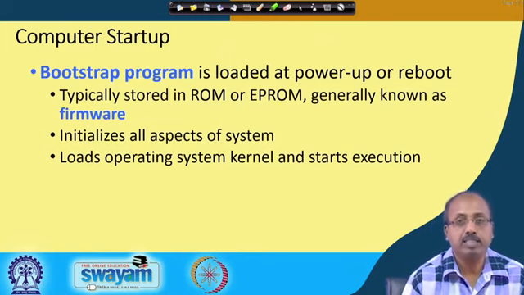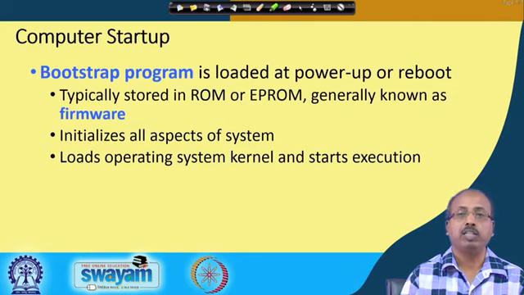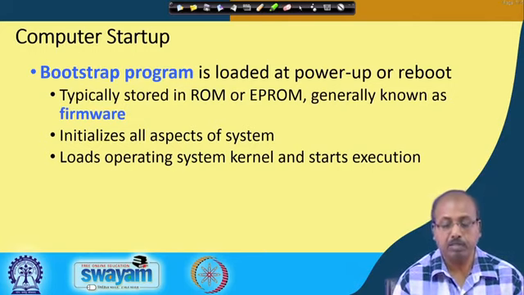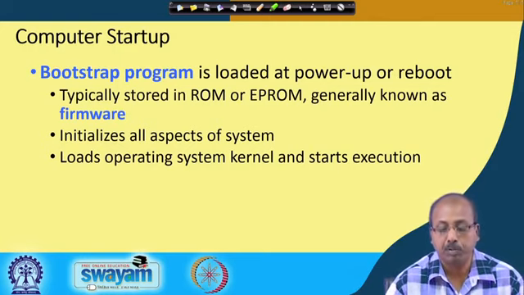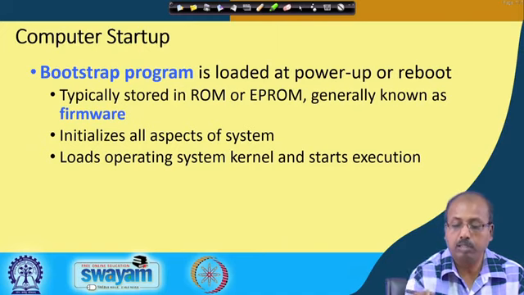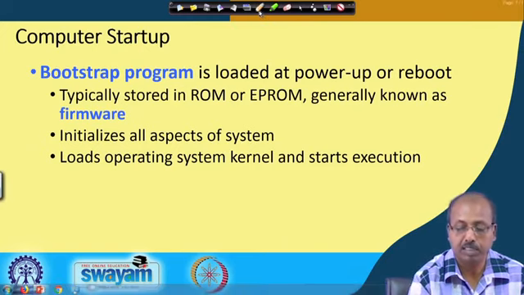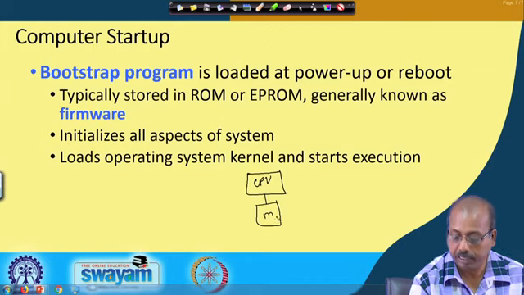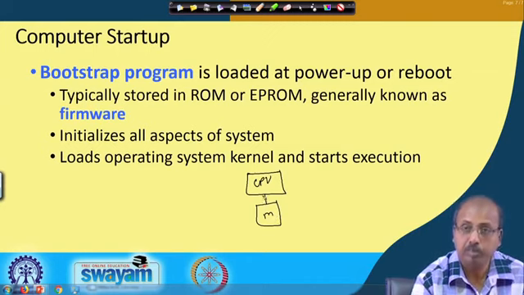Any computer system, what happens when we start it up? We switch on the computer, then what happens? Typically, there is a bootstrap program which is loaded at power up or reboot. If this is the CPU in the basic architecture that you have, there is a memory chip connected here, and there can be multiple memory chips.